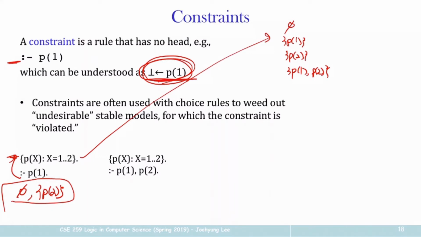So among these 4 stable models, what will be eliminated? The question was actually to write the stable models, not the number of stable models. Write the stable models this time. It's a short answer question, not multiple choice.